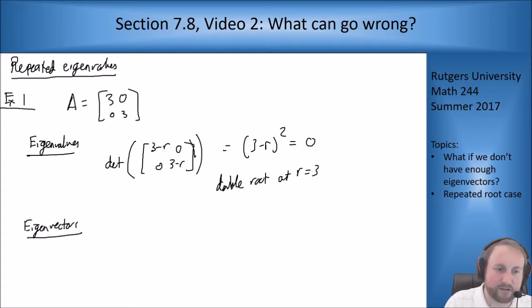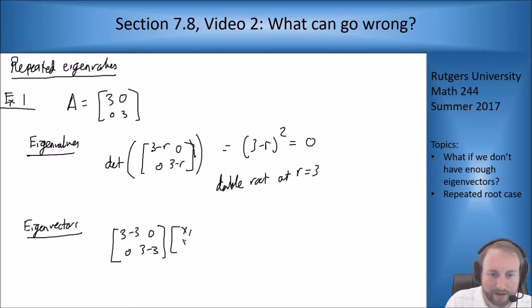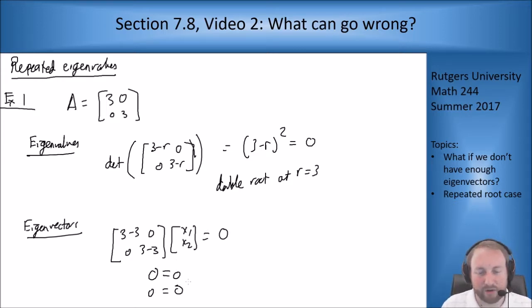So for eigenvectors, I want to look at the matrix 3 minus 3, 0, 0, 3 minus 3 times x1, x2 equals 0. Well, this is 0 and this is 0. So this just tells me 0 equals 0, 0 equals 0. It doesn't depend on x1, x2 at all.